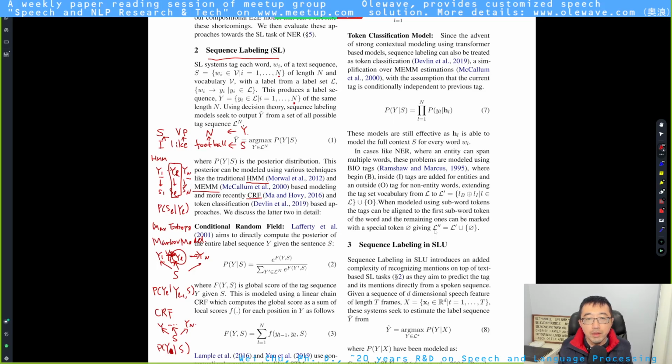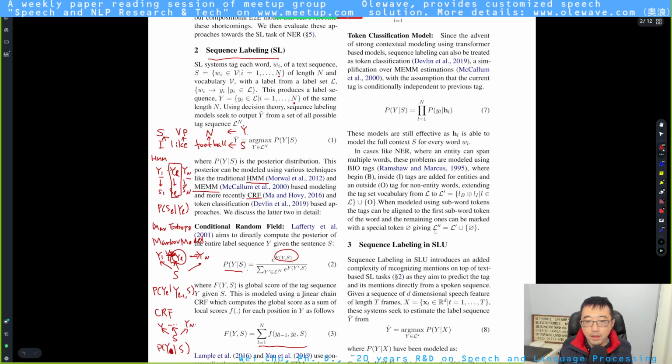And they come up with the equation to estimate the probability of the CRF. I think this is fairly easy to understand. It's a long equation; I think everybody who does NLP knows what equation number 2 is. You have to come up with the function to calculate F of Y and S. I think in the original paper it is calculated like this.